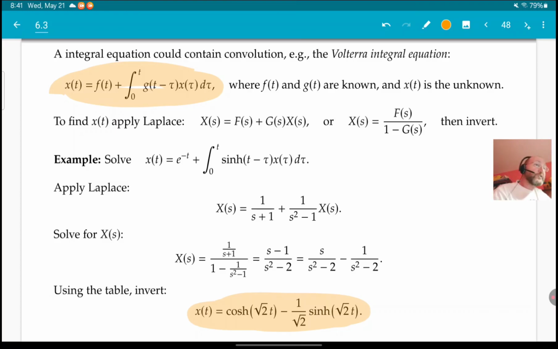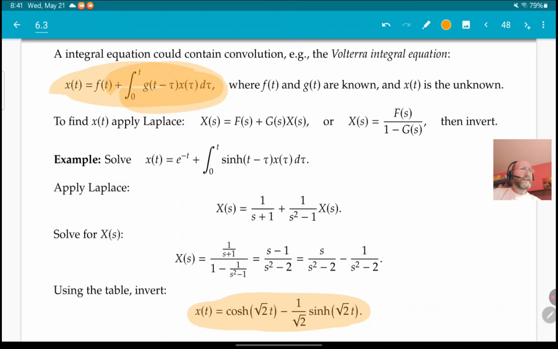That's the thing to remember. In other words, the inverse Laplace transform of a product of transforms is the convolution of the functions. And the convolution, there's nothing scary, just a simple formula like this.